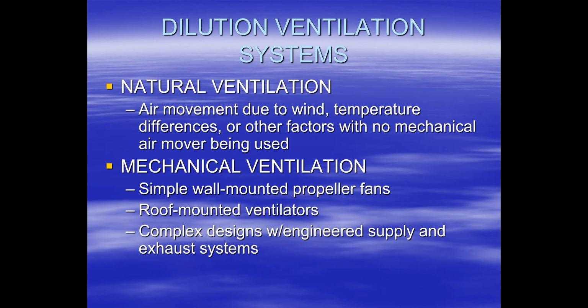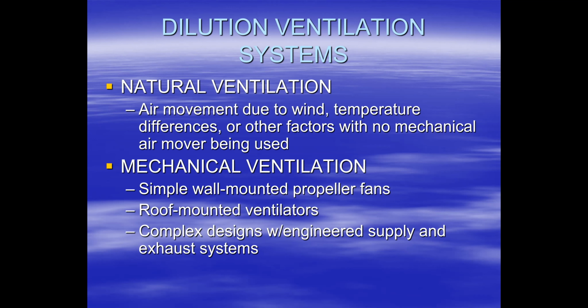Now, our dilution ventilation systems have two major types. Natural ventilation. If you look at older buildings, they often have an extra little ridge across the top that has windows in it that can be opened. Those are designed so that as air heats up, it rises.